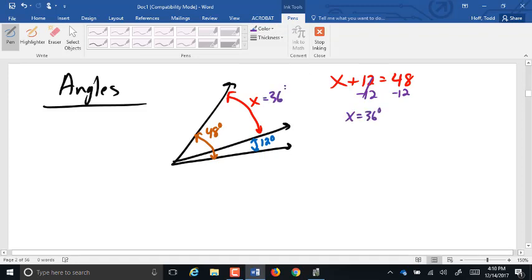X has to be 36 degrees. Remember, because these angles are adjacent, they share a vertex and a side, the angles are additive. The two smaller angles have to add up to the bigger angle.